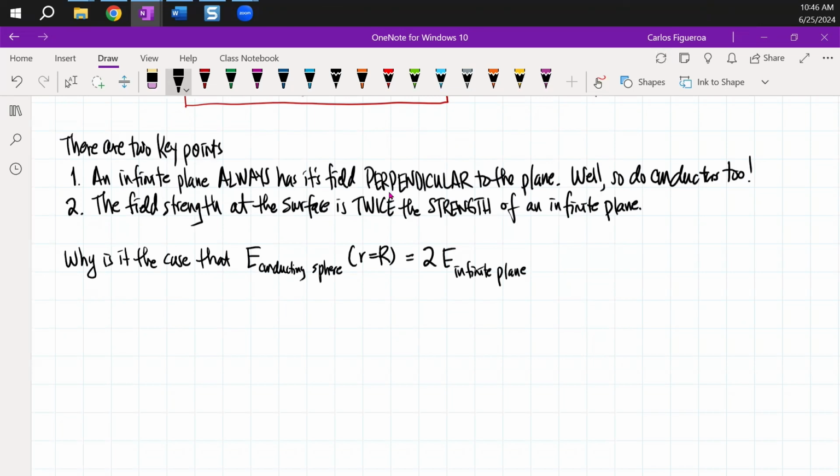Why is that the case here? So let's look at this two ways. I would say that the physics way is shown with pictures.